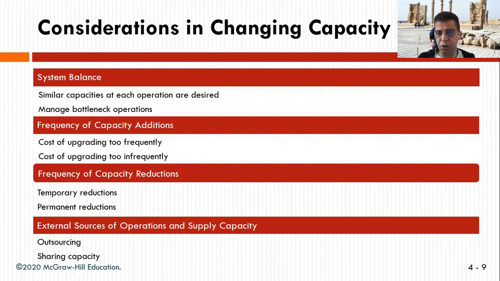The last option that we look at is an external source of operation and supply capacity. Sometimes you run into a higher demand that you're not expecting, and you have no option but to outsource it.